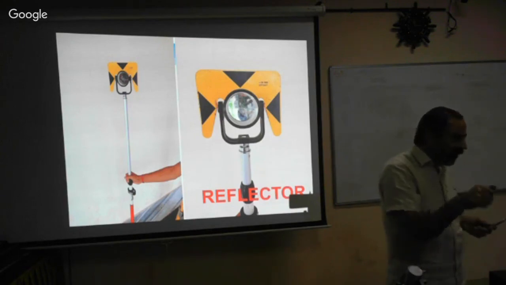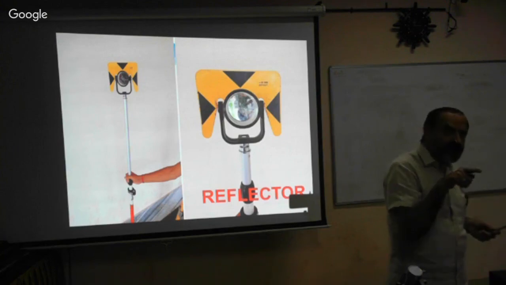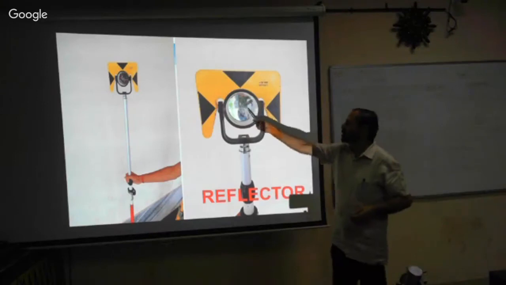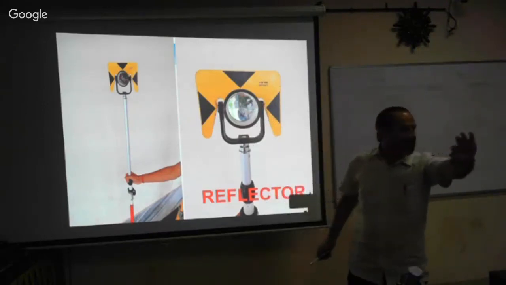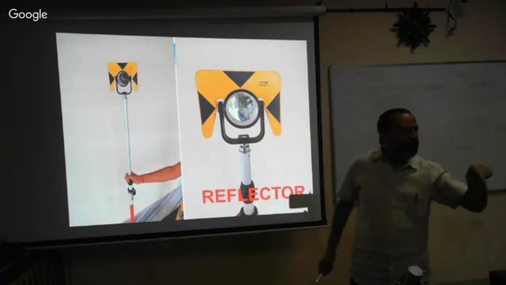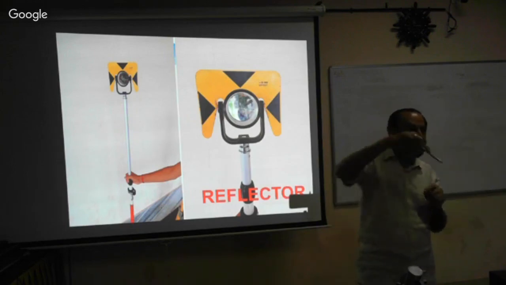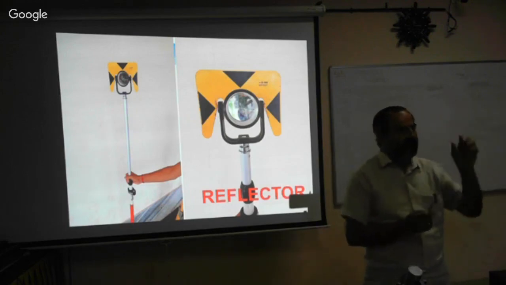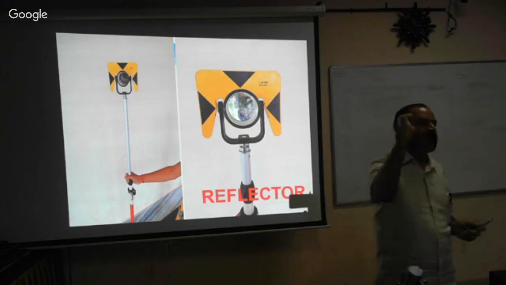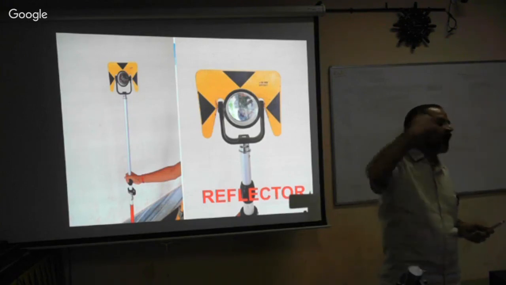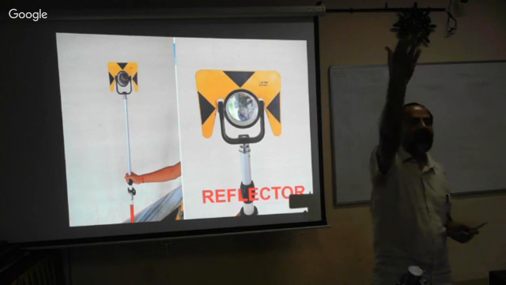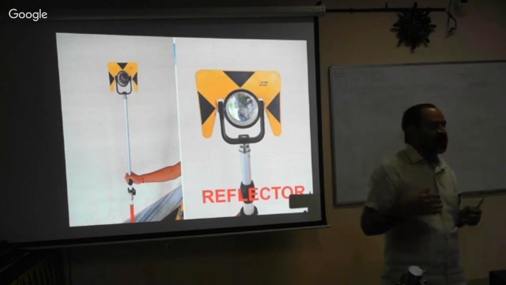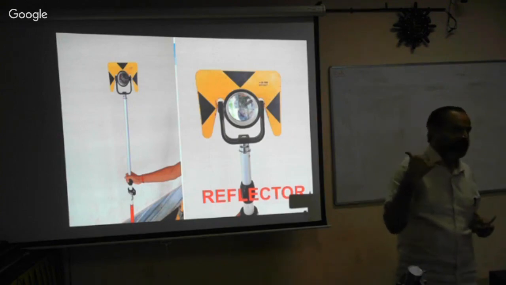The signal will start and reach this point. After reaching this, it will come back to the instrument, and then it will give you a beep sound. It means the job is done and that point data is collected. Then keep the reflector at the next point, and like that we can collect the information.